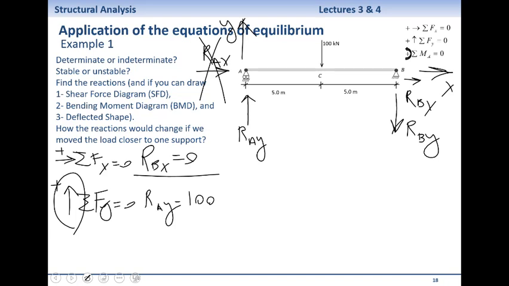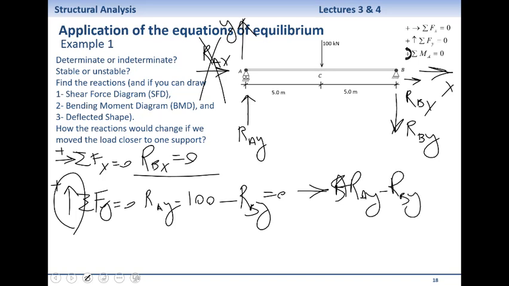What else? Minus RBY. Anything else? Equals 0. So from here, RAY minus RBY equals 100. That's all we know.